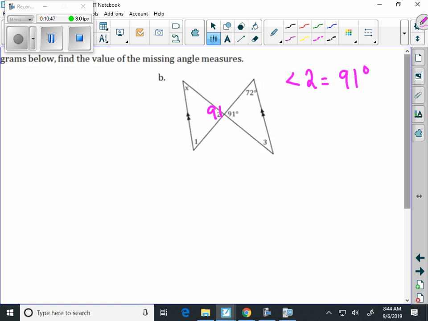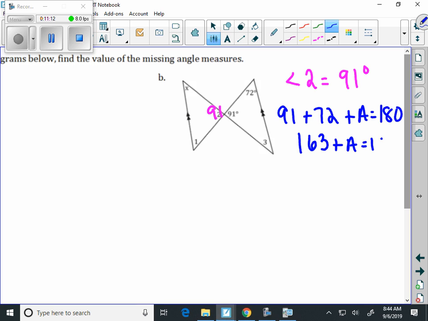Not too hard to find the measure of angle 3, because we see that 91 plus 72, we know 2 out of the 3 angles in the triangle, plus angle 3, again, I'll call it angle A, equals 180. So we get 163 plus A equals 180.